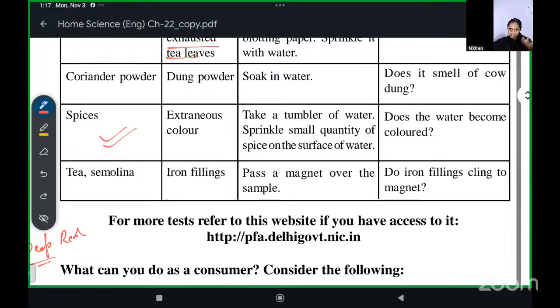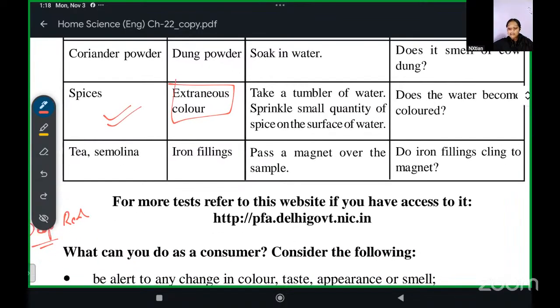If the color starts coming into the water and it starts turning red, then it means that they have used artificial colors to color the chili powder to make it look more appealing. People will buy it thinking, okay, this is nice color chili powder, but it is actually extraneous color, artificial coloring. Then tea and semolina are also adulterated with iron filings.